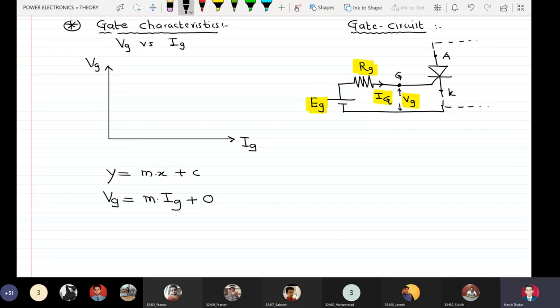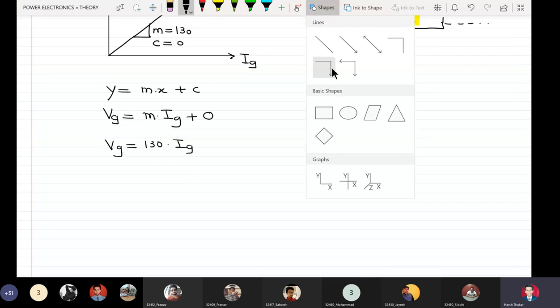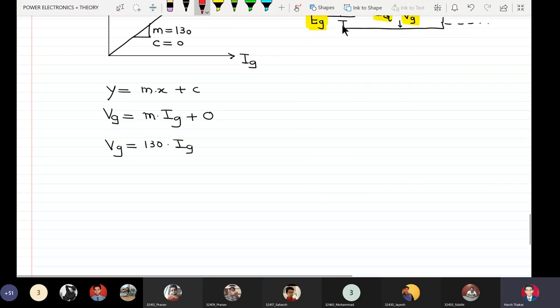So m equal to 130 and c equal to 0. So a straight line slope of 130 actually means Vg is equal to 130 times Ig. Understand this thing, it's very important, students.